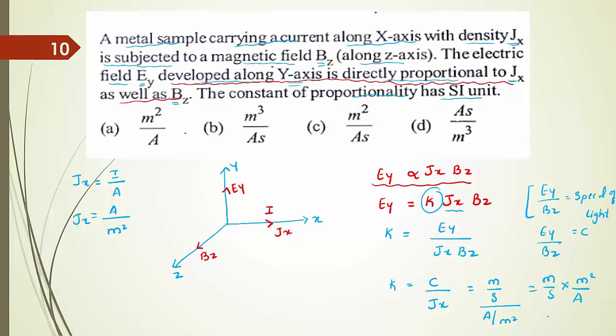So meter square into meter will be meter cube over ampere into second. So the constant of proportionality K has the unit meter cube per ampere second. Meter cube per ampere second means option B is the right answer.